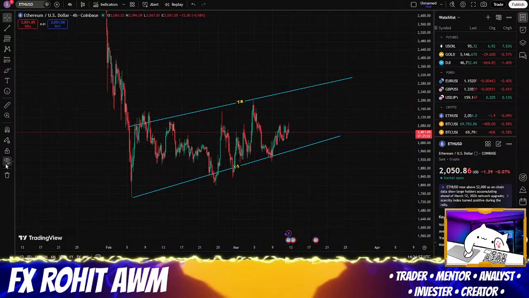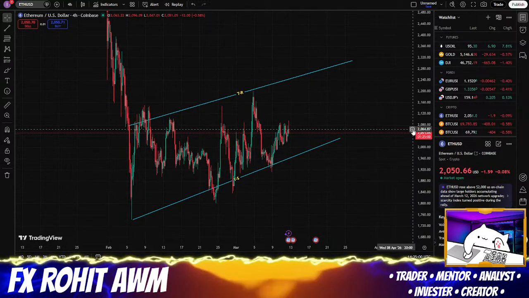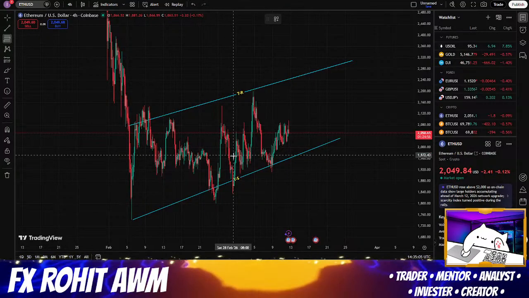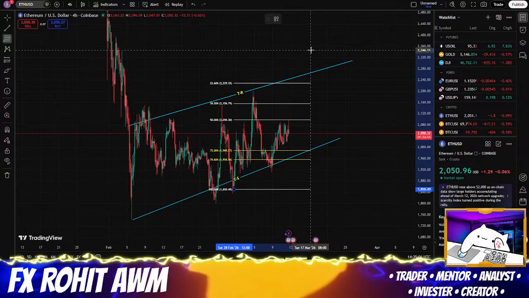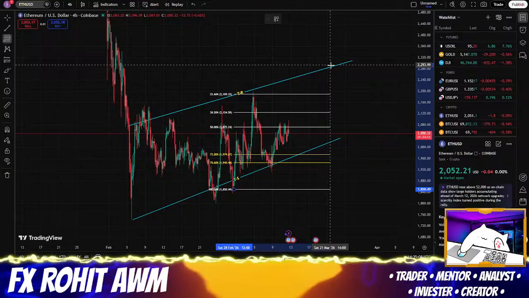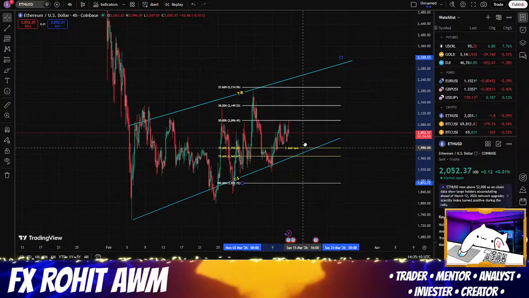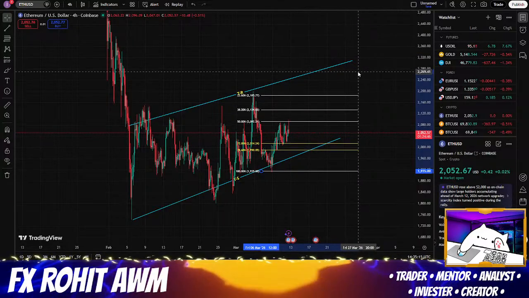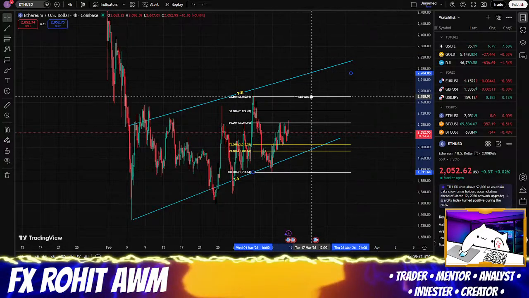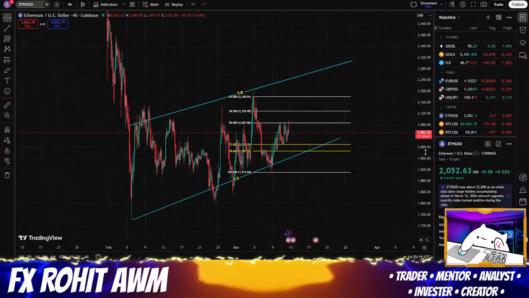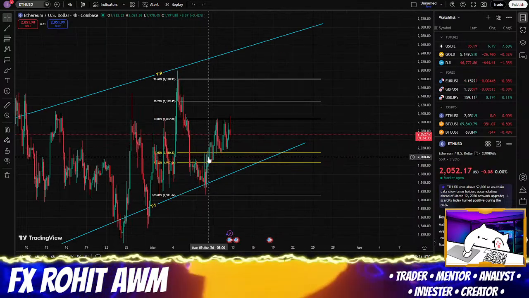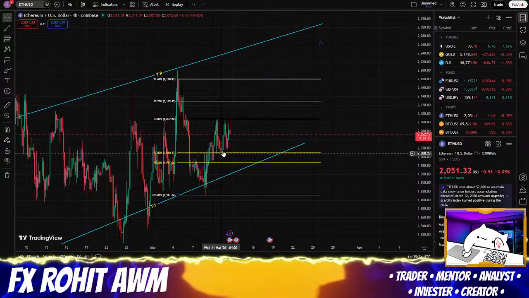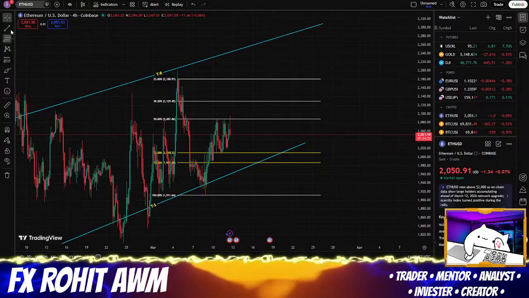So as per the market, guys, if we apply a Fibonacci for the recent move, you see, guys, the market takes an exact pullback after the hit. So this is important.